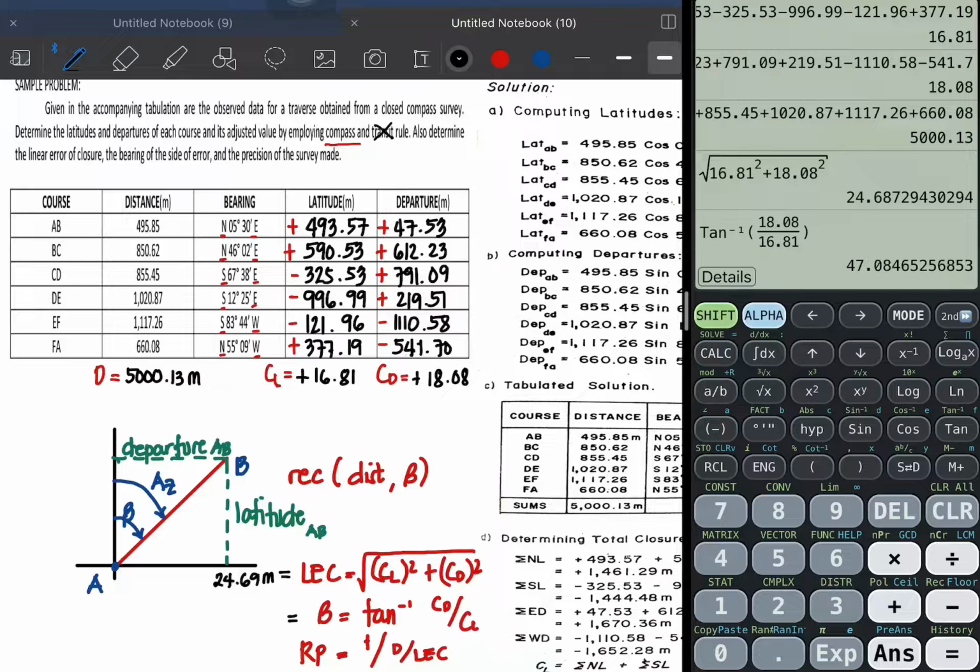So to convert this number to angle form or degree form, just press the degree, minutes, and seconds in your calculator. So that's automatically converted into degrees. So that is 47 degrees 5 minutes.